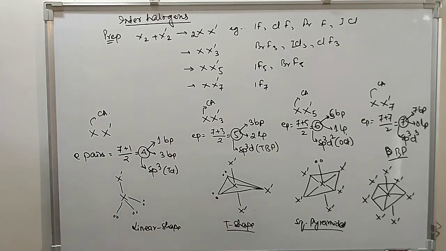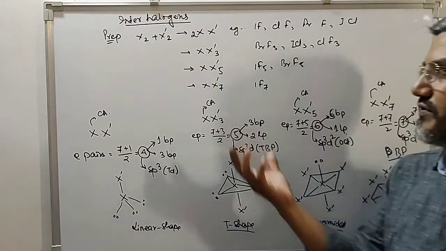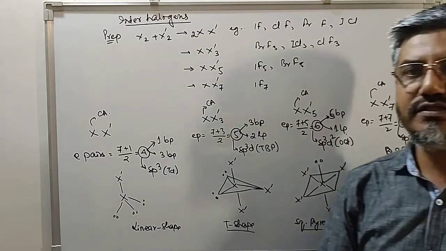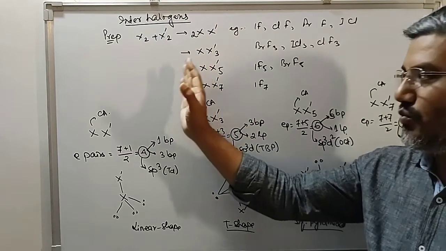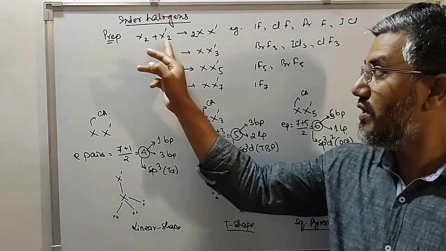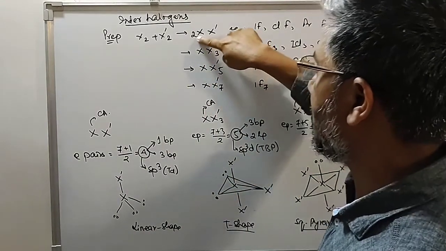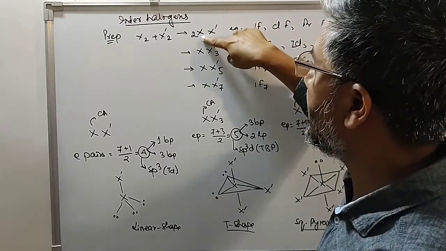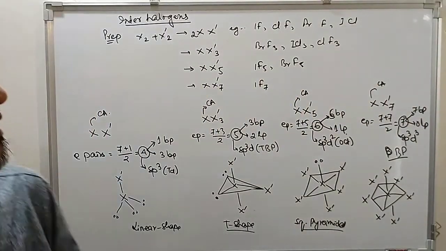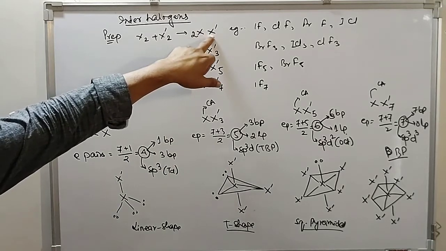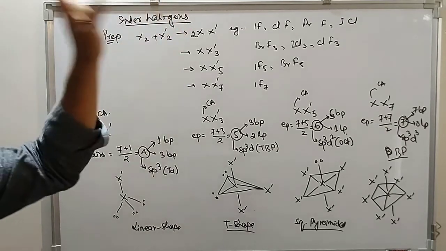So these are inter-halogens. Now these inter-halogens are more reactive than the corresponding halogens. The reason is that all inter-halogens are more reactive than the corresponding halogens from which they are prepared, due to the less polarization of this bond. The polarity in this bond is less because of less electronegativity difference, so the XX prime bond is less polar and more reactive than X2 or X2 prime.